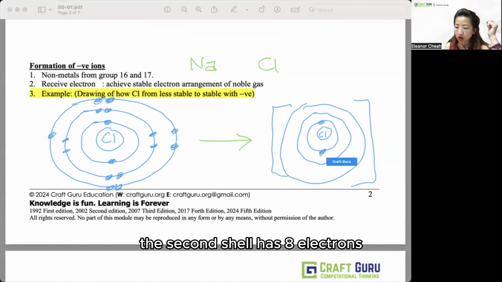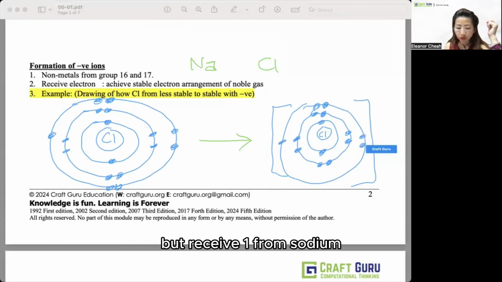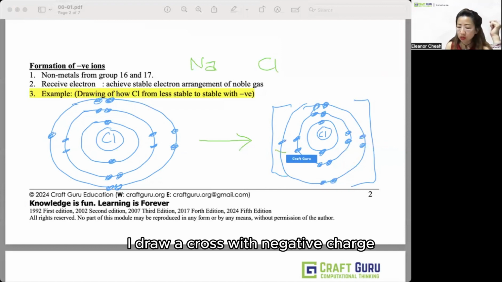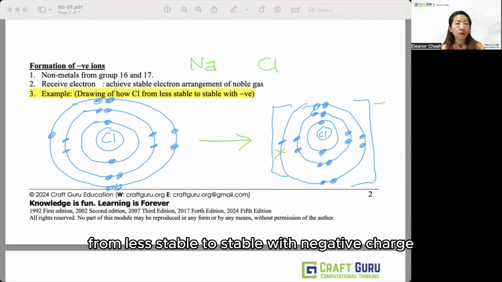The second shell has 8 electrons. The third shell has 7, but receives 1 from sodium. So that one is a cross. I draw the cross with negative charge. This is how we draw chlorine from less stable to stable with negative charge.